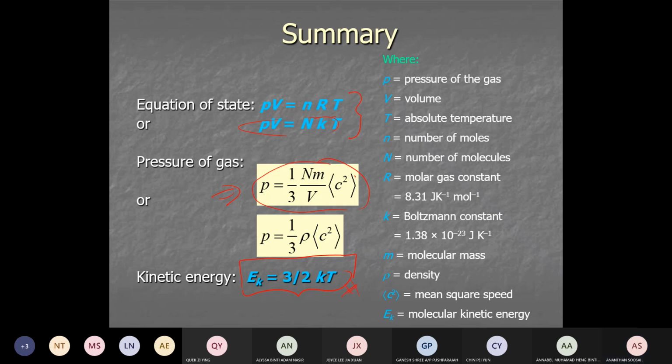All the symbols are represented here. Another highlight, of course, don't forget this speed is called the mean square speed.